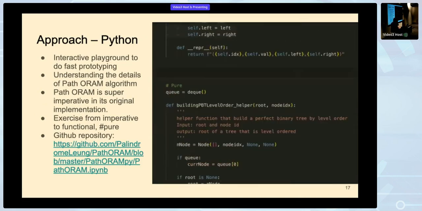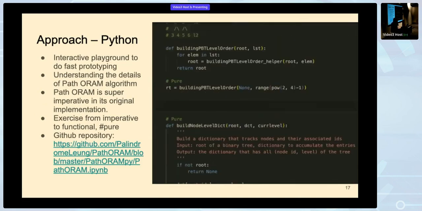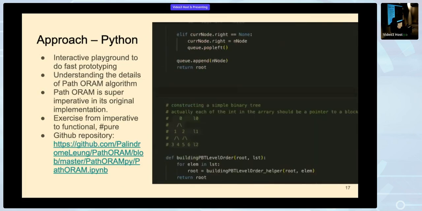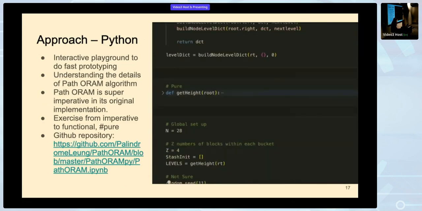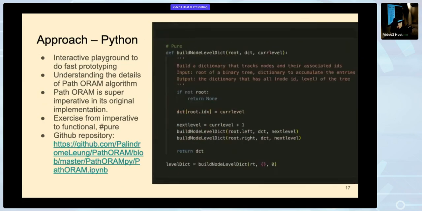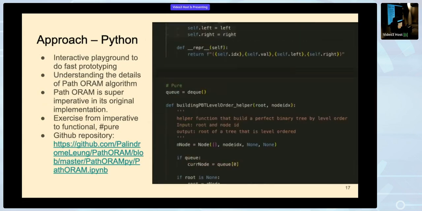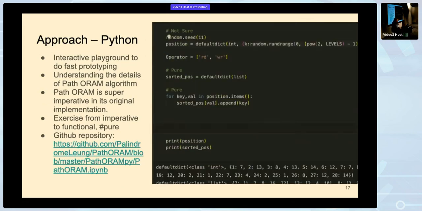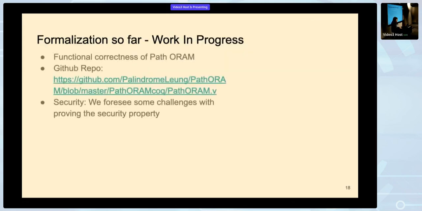This interactive Jupyter notebook is really helpful with fast prototyping, and it really helps us with understanding details. The original implementation of it is super imperative, so that's why I chose a relatively imperative language. And it's on GitHub, so feel free to check it out.